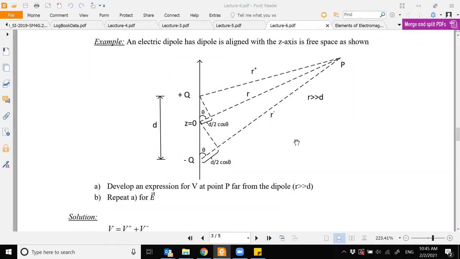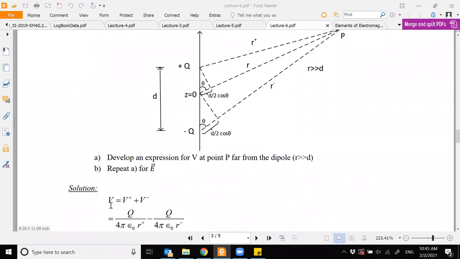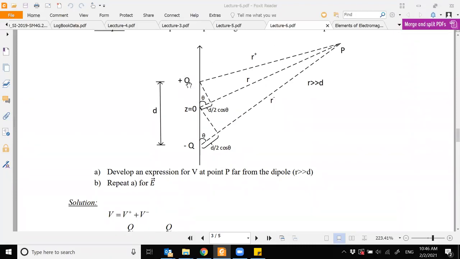In order to solve this, we are going to find the potential. First, we will find it for the positive charge, then for the negative charge, and then we will add them. For the positive charge, I'm assuming that the distance from this positive charge to the observation point P is R plus, and the distance from the negative charge to P is R minus.